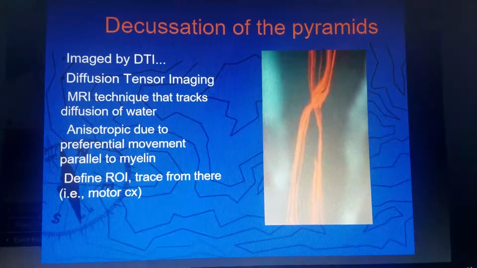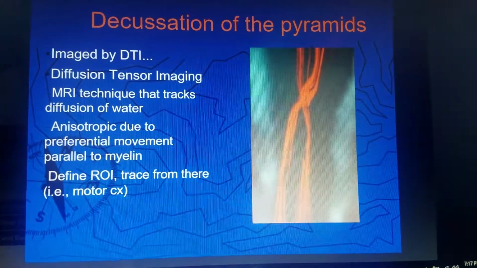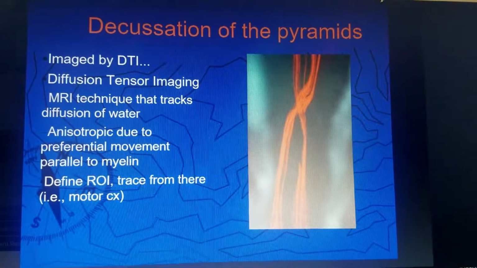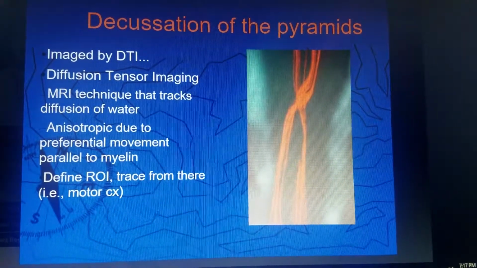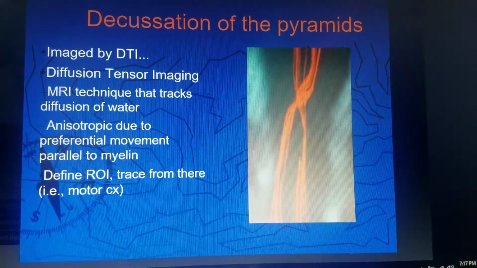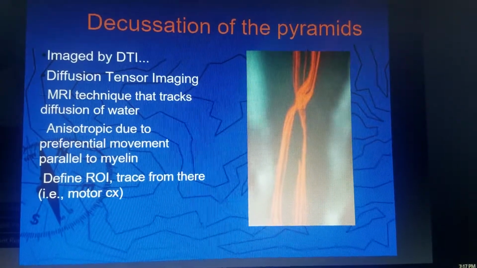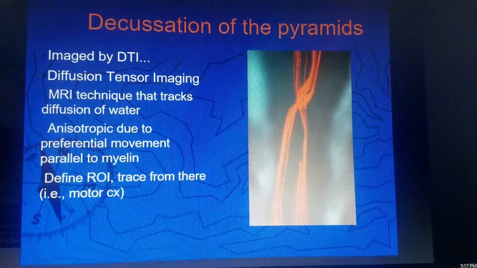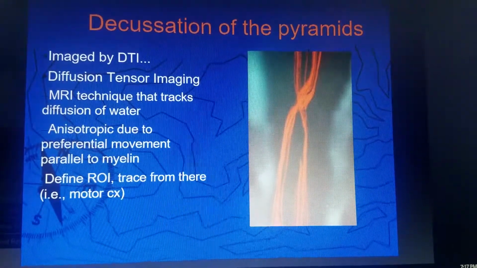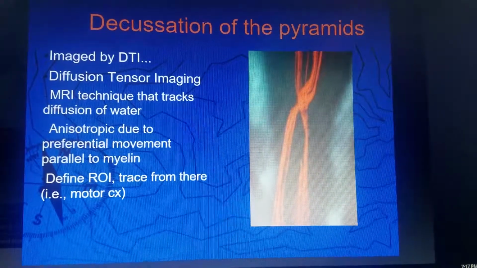I love this slide. I just toss this in to show the wonderful things that can be done with modern imaging technology. This is diffusion tensor imaging, DTI, of the decussation of the pyramids. And the details are there, as you can see. But these kinds of images can be obtained from virtually any cortical region of interest.